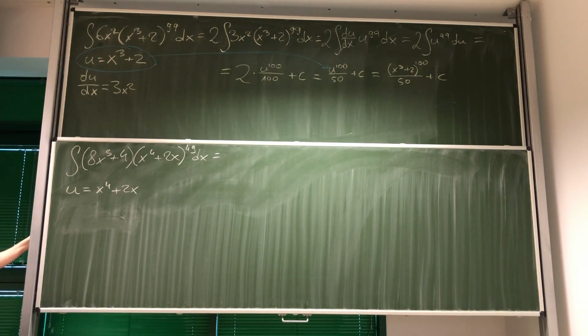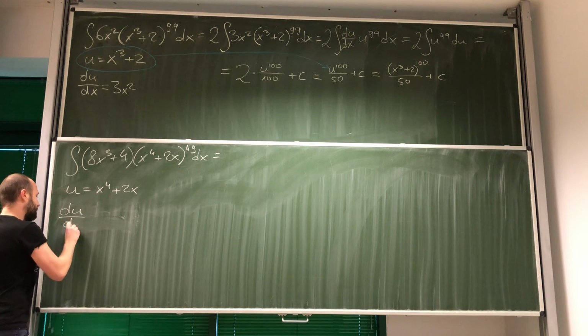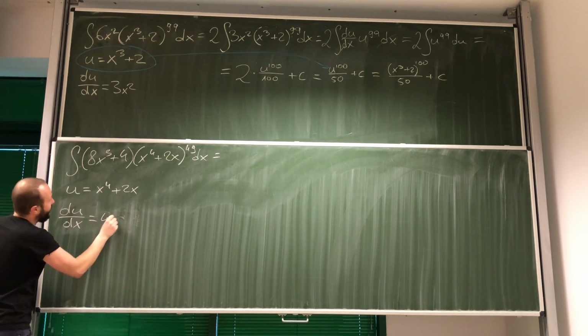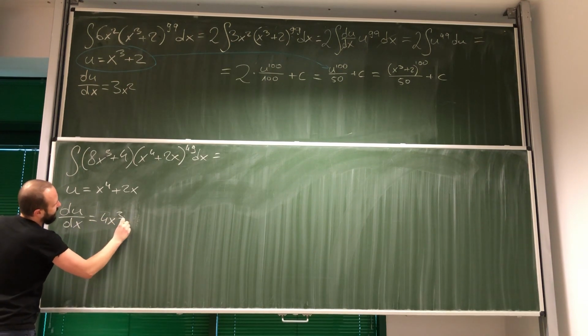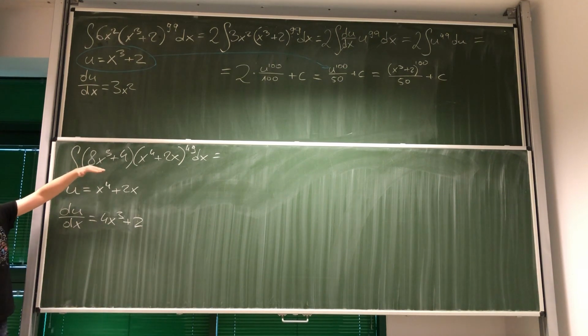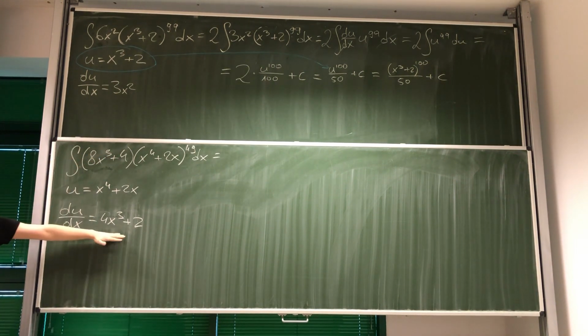Okay, so now I'm calculating the derivative du dx. This is just 4x cubed plus 2. And again, I'm looking if this is what I have over here. Well, clearly not. Can I do something with this expression so it won't take this form?